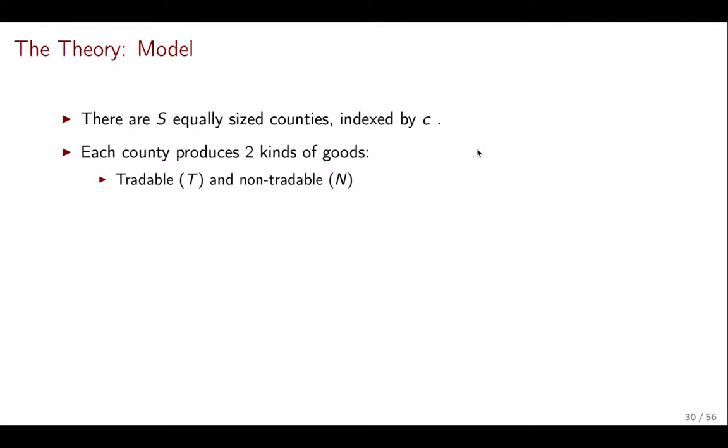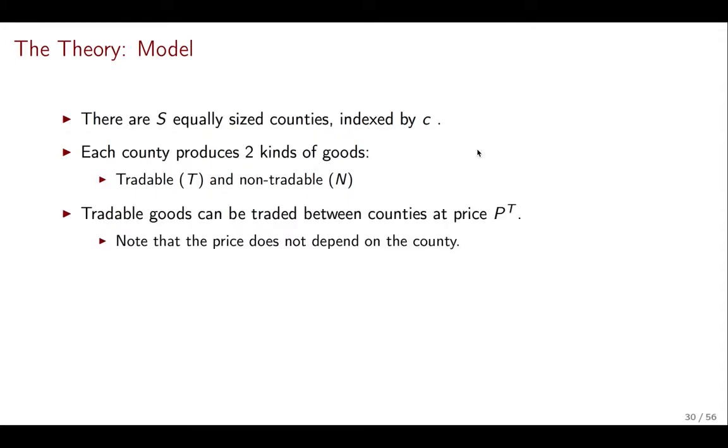While in other models there is a single type of consumption good, here there's going to be tradable and non-tradable goods. Now, tradable goods can be traded between counties at some price PT. Notice that because you can trade across counties, the price of tradable goods does not depend on the county, and it is common across the whole economy.